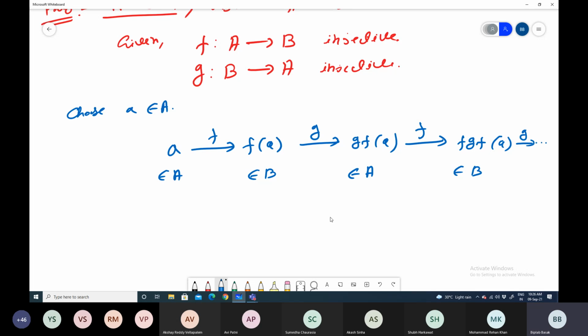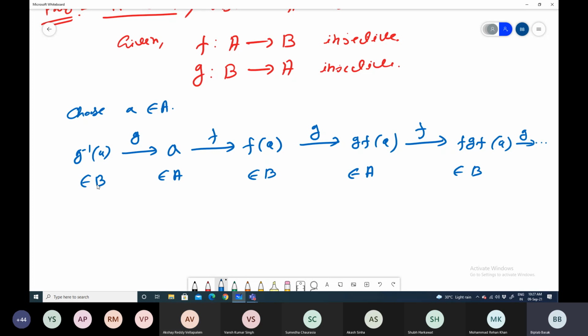Now what about the left side? Now this is G, so that will be G inverse of a, which is in B. Will G inverse of a exist? If G is bijective, then yes, otherwise it may or may not exist.